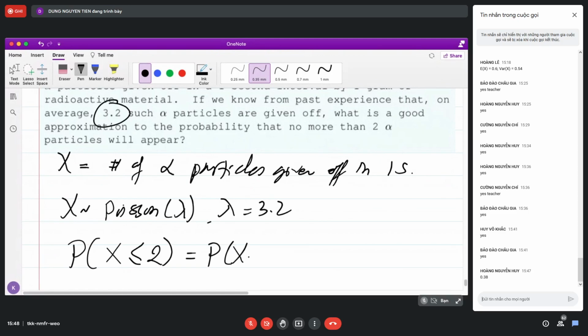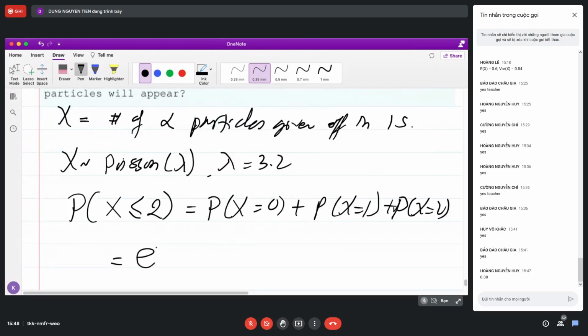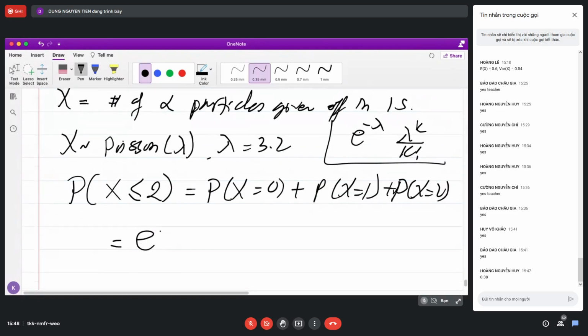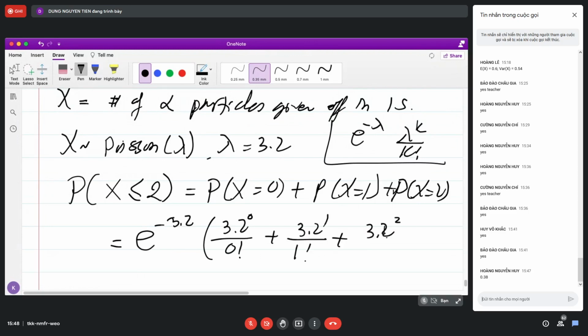Then you get the probability that X equals 0 plus X is 1 plus X is 2. And then you get the exponential. What is the formula? Exponential minus lambda times lambda to the k over k factorial. That is to say, the exponential minus 3.2, and you get 3.2 to the 0 over 0 factorial plus 3.2 to the 1 over 1 factorial plus 3.2 squared over 2 factorial.